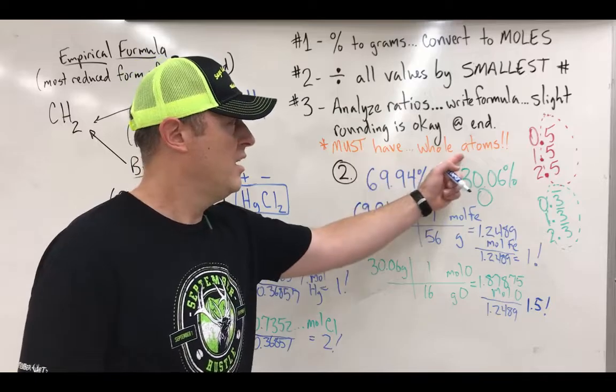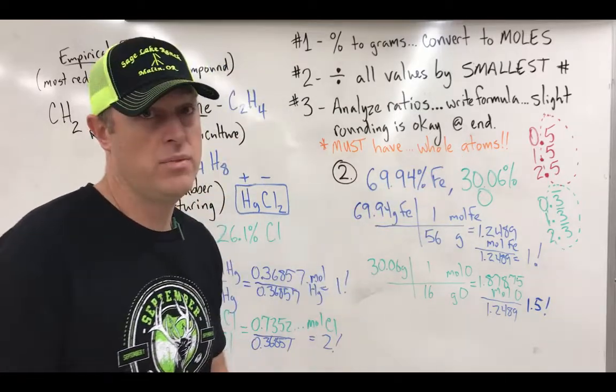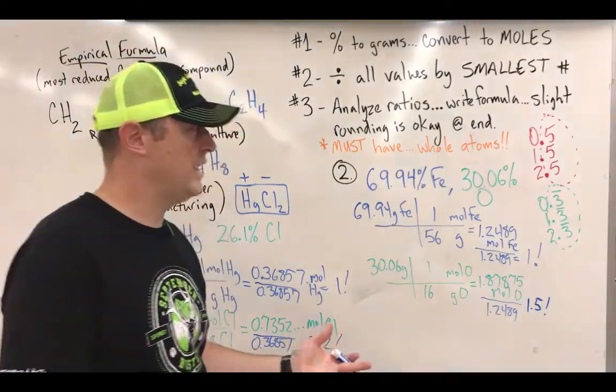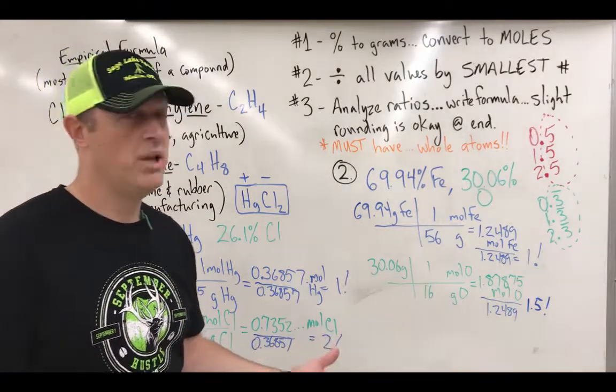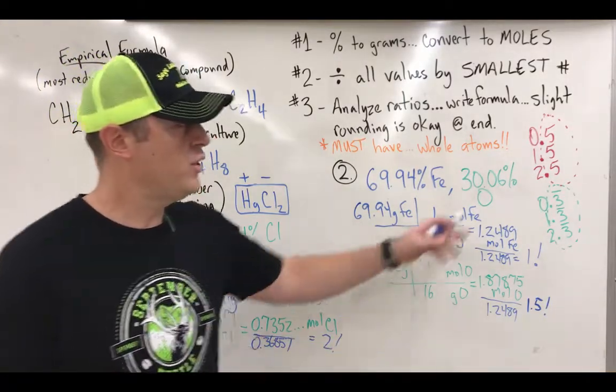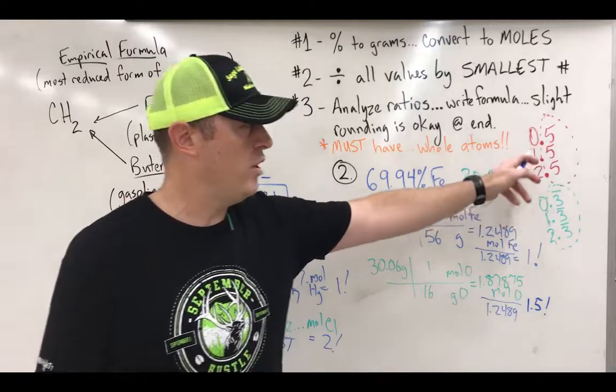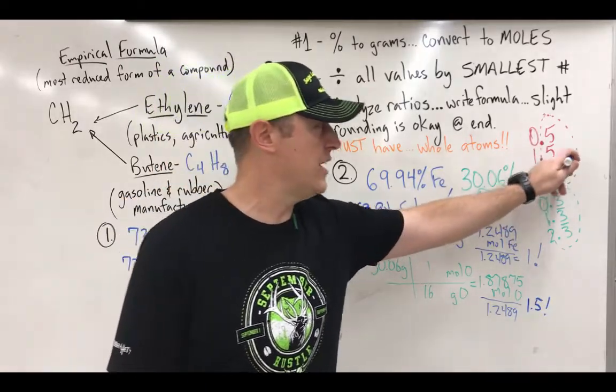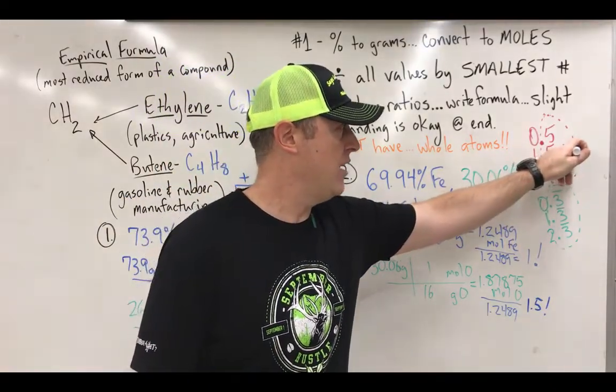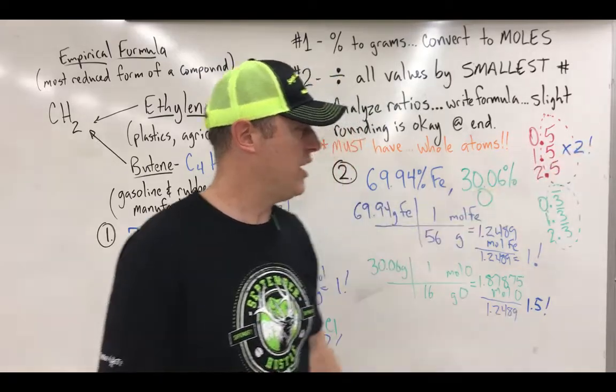I cannot have 0.5 of an atom. So to get rid of that, the trick is we need to multiply this. If you get an answer of 0.5, 1.5, 2.5, the trick is you must multiply everything by 2.